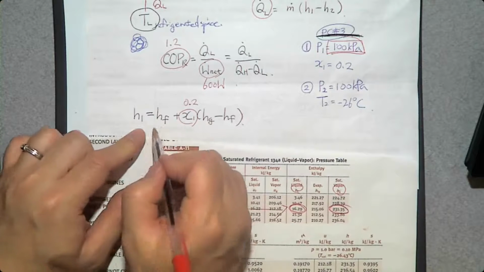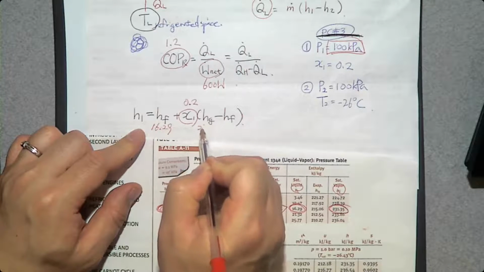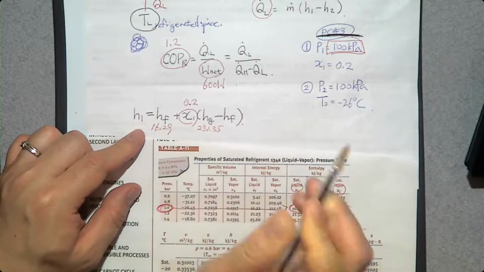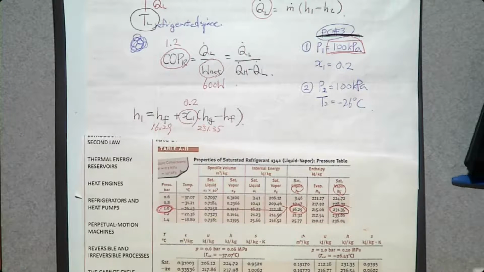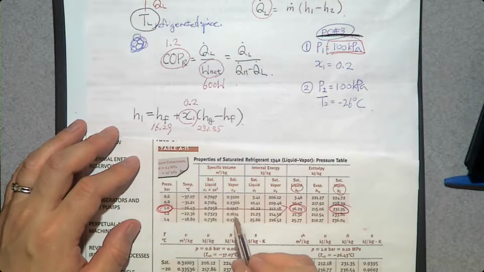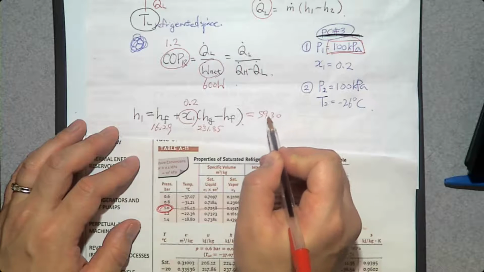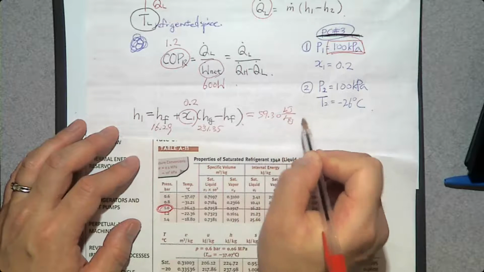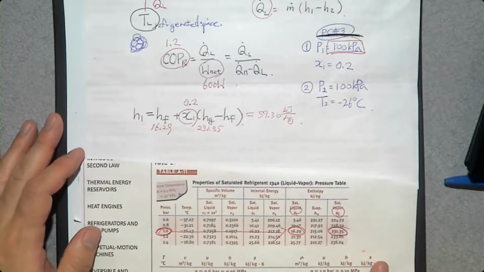So Hf is 16.29, Hg is 231.35. Can we determine H1? Yes. What is H1? 59.30 kilojoule per kilogram.